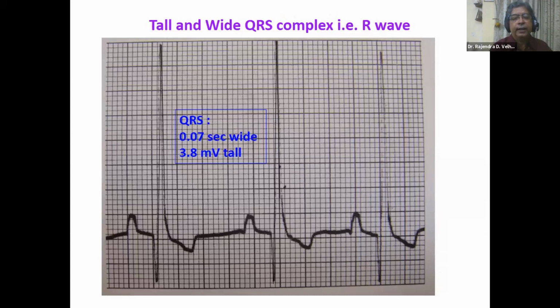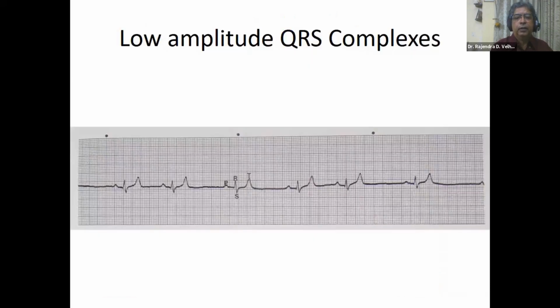So this is a case of left ventricular enlargement, showing you wide and tall QRS complexes. Now, in this particular ECG, you see QRS complexes smaller than 0.5 millivolt, and therefore they are called low amplitude QRS complexes, or diminished QRS complexes.